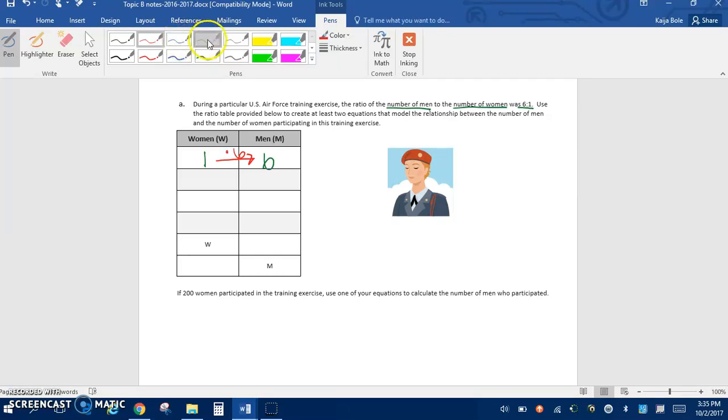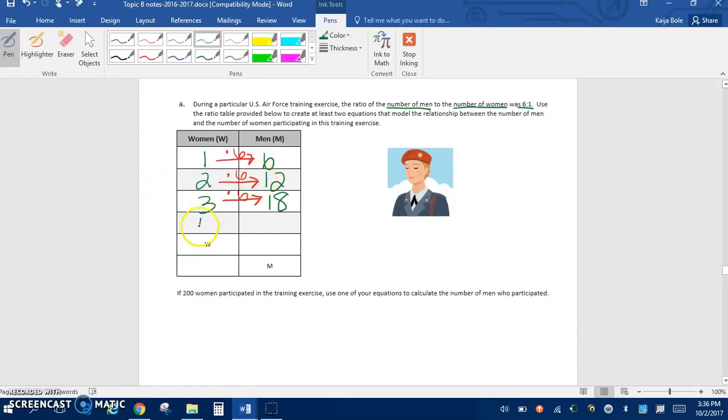So if I fill in the number 2 here, we multiply across times 6, we would get 12 men. We have 3 women, and we multiply across by 6, we would get 18 men.